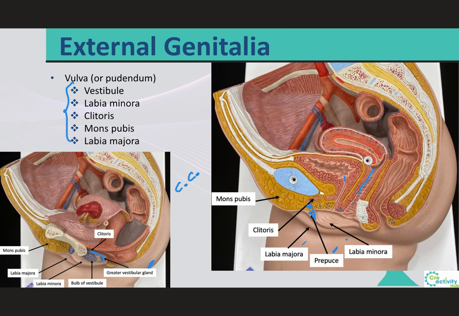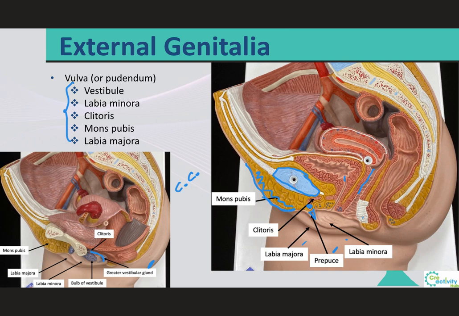Now, the anterior limit of the vulva is going to be what we call the mons pubis, which is made of adipose tissue beneath the skin, anterior to the pubic symphysis, and it will form this prominent bulge, as we can see from this image.